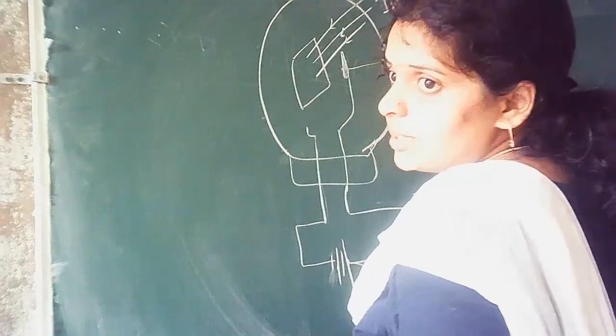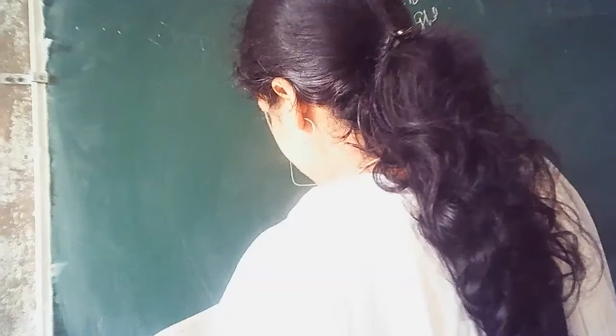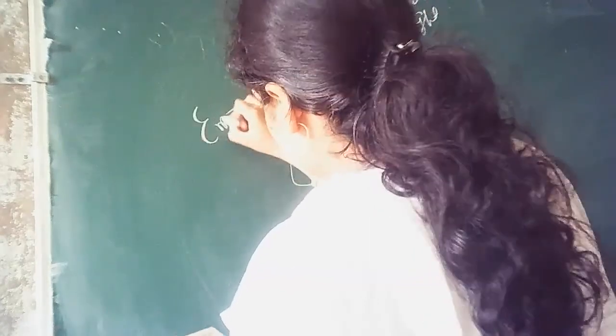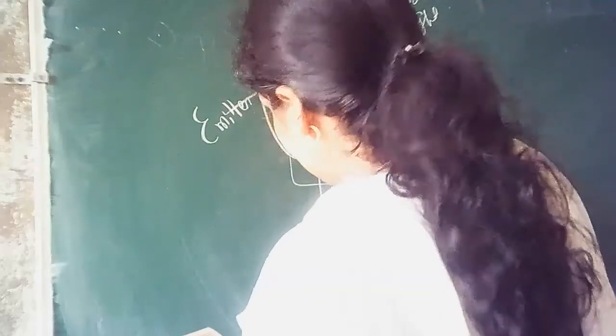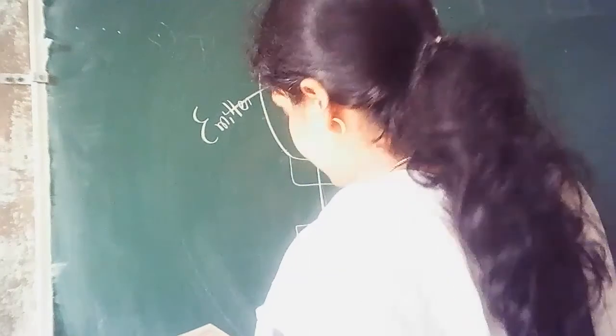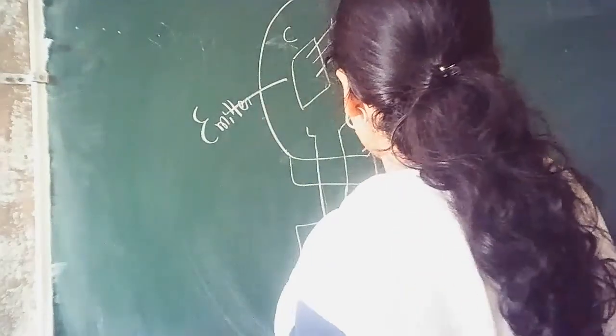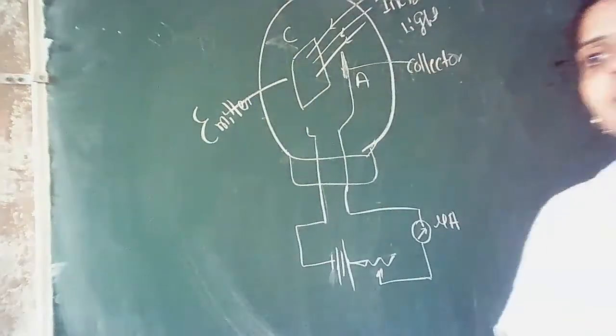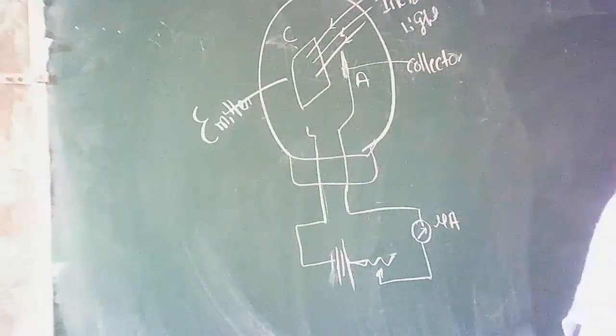So this is your incident light, and here is the ammeter, cathode. This is anode. So this is somewhat what your photoelectric cell looks like.